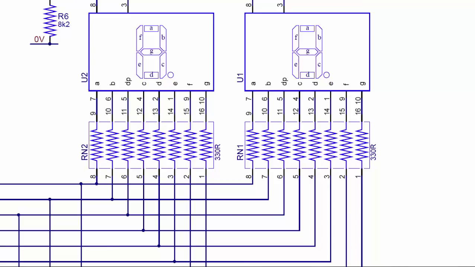Sometimes components can be in what look like polarity-sensitive packages, however it doesn't matter if they are placed in the wrong orientation. For example, resistor networks RN1 and RN2 are in DIL packages, which can often contain polarity-sensitive circuits. If we look at the datasheet and schematic, we can see that the resistors are connected to pins on opposite sides of the package.